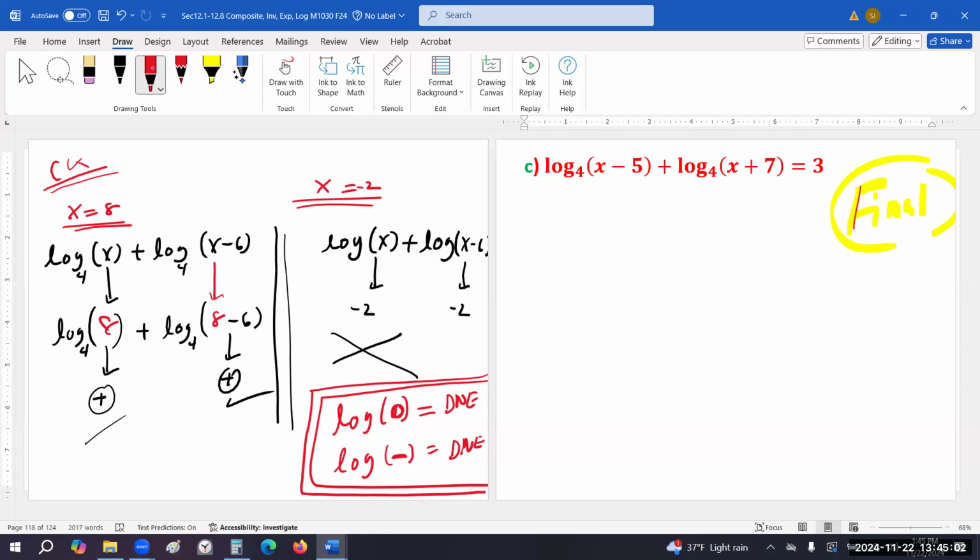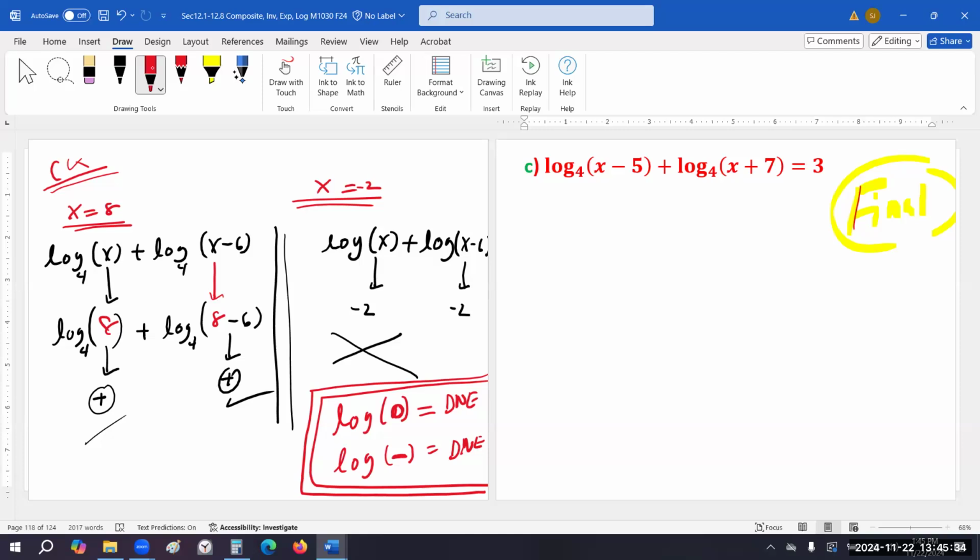How many logs are you going to have? With multiplication or with division? Same as what you did here.